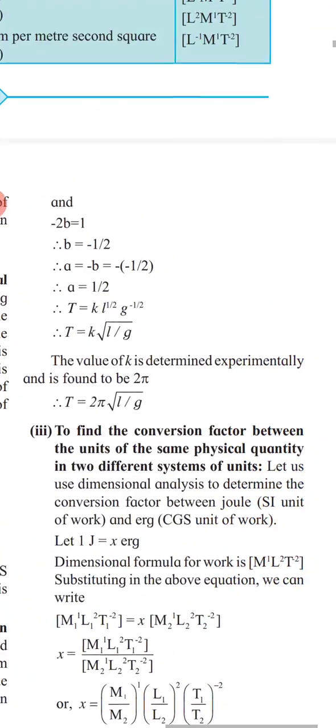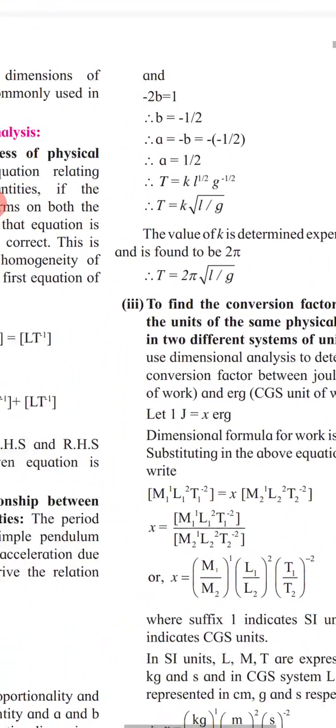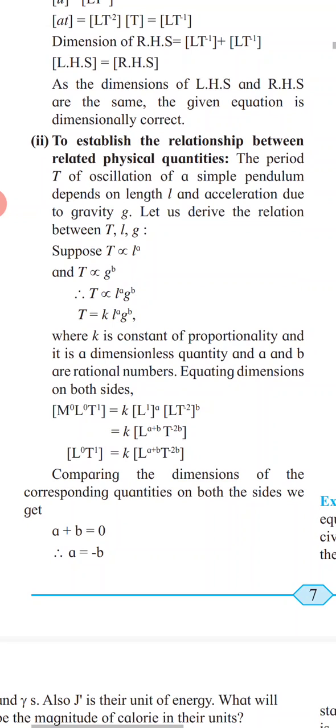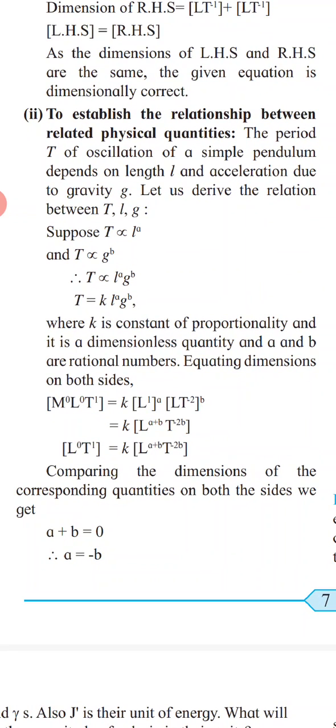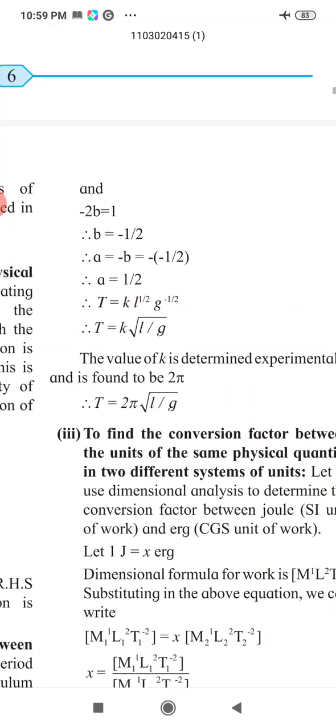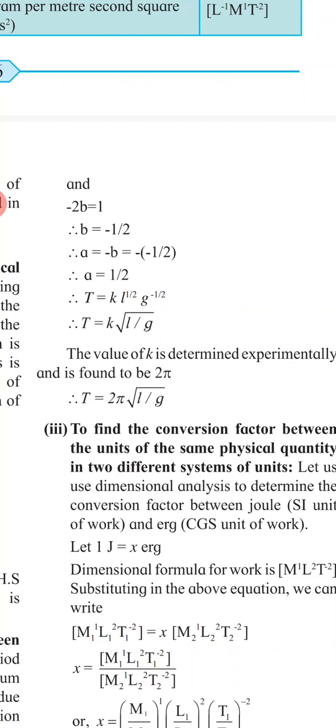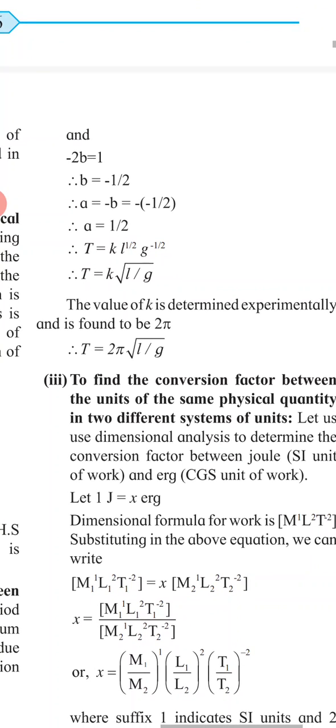Now for time, T1 is equal to T to the power minus 2b. So minus 2b is equal to 1. So b equals minus half. It will be minus 1 by 2.